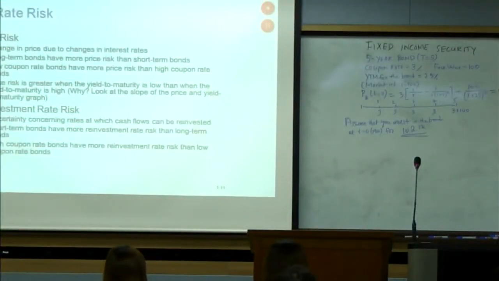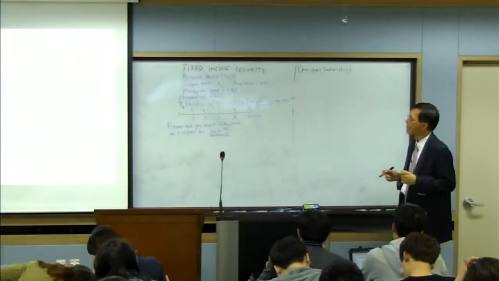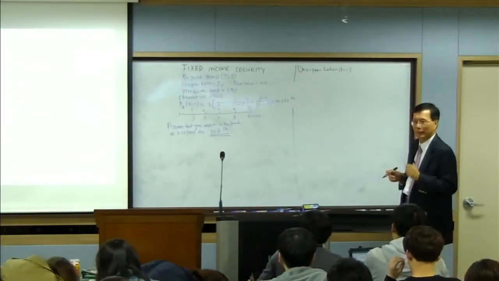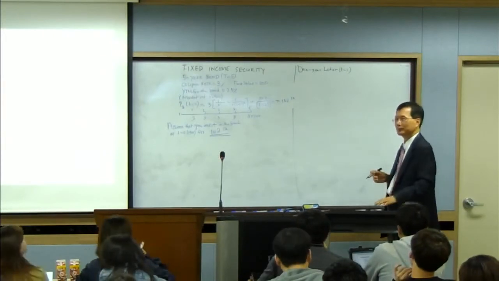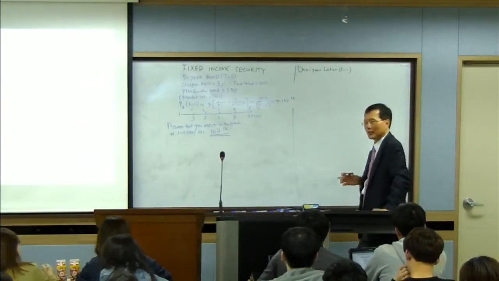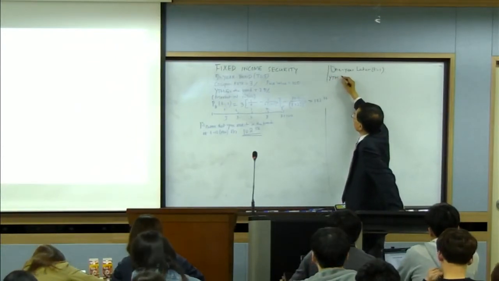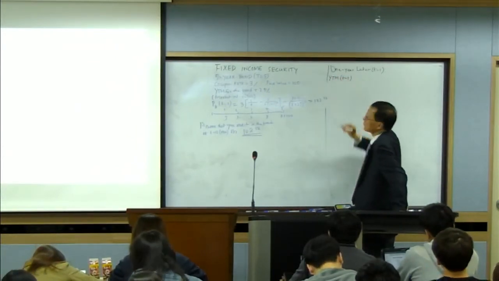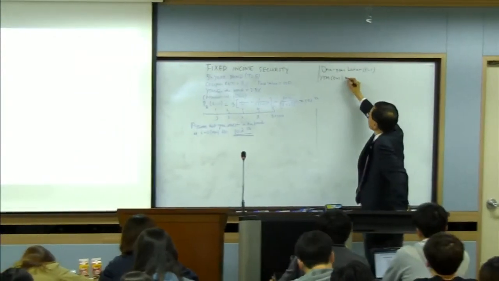So am I, I'm 1 year older. I look at my bond, and I also look at yield to maturity, YTM, at time equals 1. Today's yield to maturity of this bond.